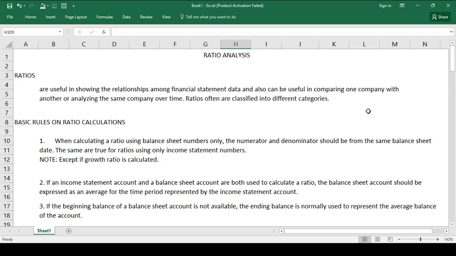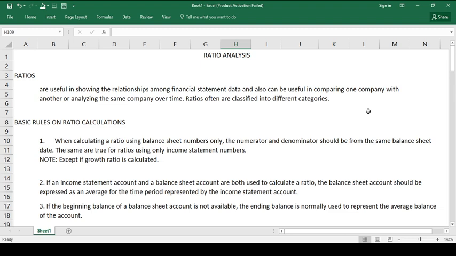And also, the ratios that we are going to compute can be useful in comparing the company's strengths to other companies, considering that these companies are in the same industry. And this ratio analysis topic is divided into different categories that we are going to discuss later on.